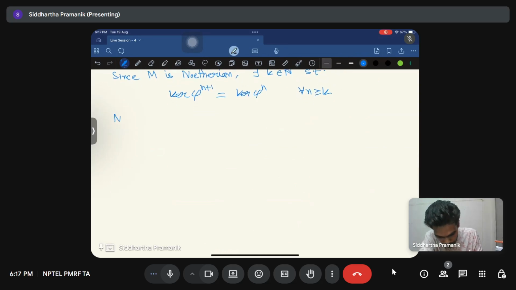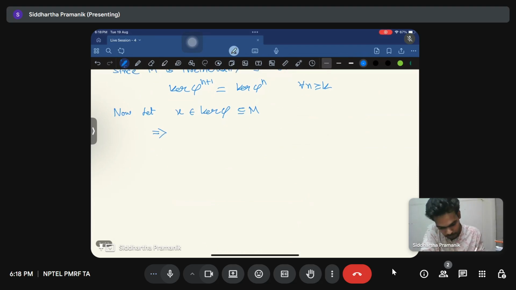So now let x belong to kernel of phi. Now this is a submodule of M. Now that will imply there exists some y belonging to M such that phi power k of y is equal to x.